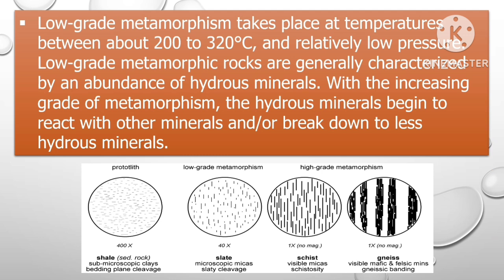Low-grade metamorphism takes place at temperatures between about 200 to 320 degrees Celsius and relatively low pressure. Low-grade metamorphic rocks are generally characterized by an abundance of hydrous minerals. With the increasing grade of metamorphism, the hydrous minerals begin to react with other minerals and/or break down to less hydrous minerals.